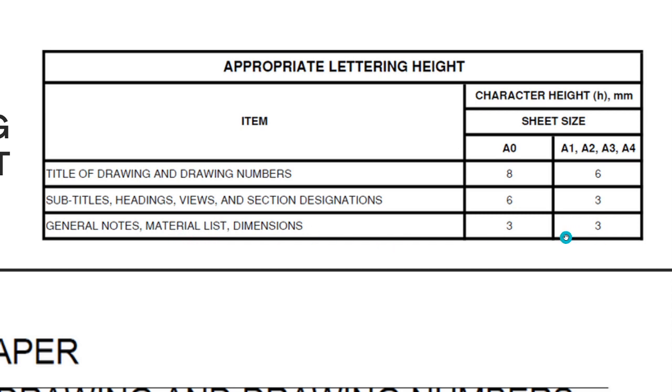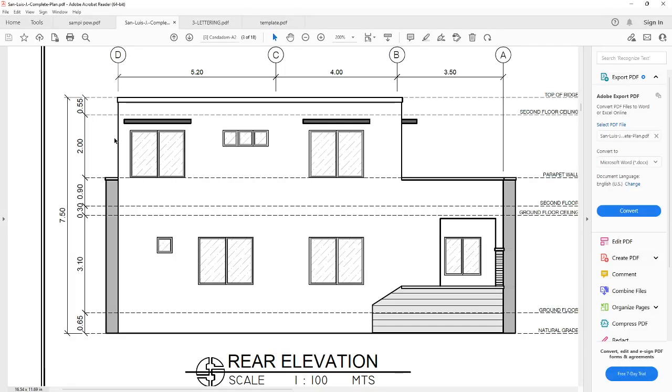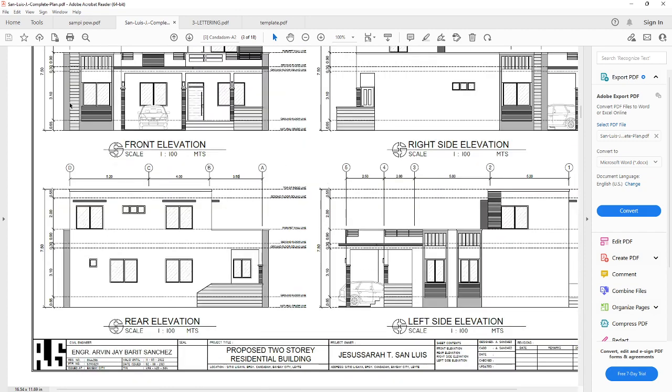at 3 mm. So as you can see on this drawing, where are the dimensions? We could identify one dimension here. Of course, these dimensions, 5.2, 4 meters and 3.5 meters, are of a rear elevation of the house, or the back side of the house, right?